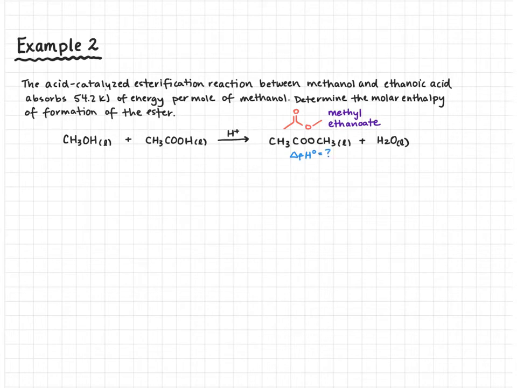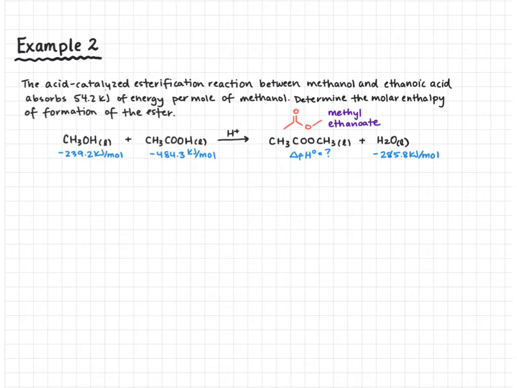We can find all of our other enthalpies of formation in our data booklet. So liquid water is negative 285.8 kilojoules per mole. Ethanoic acid is negative 484.3 kilojoules per mole. And methanol is negative 239.2 kilojoules per mole.